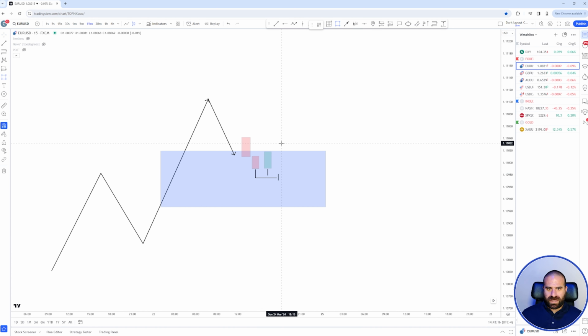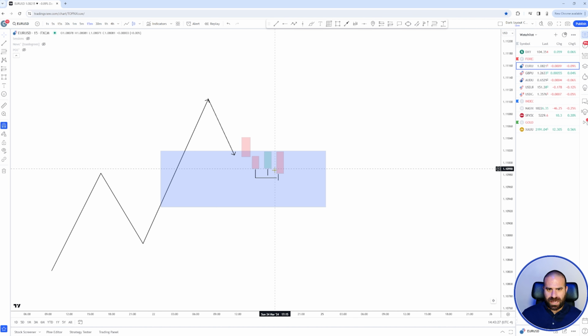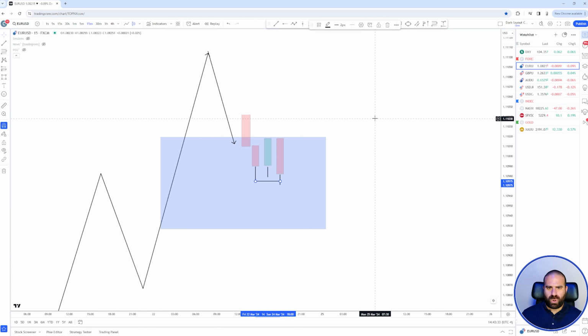You will be expecting to see a grab of additional liquidity, and we have such a thing in this occasion exactly right here. You see this wick penetrated above those two almost equal lows, guys.